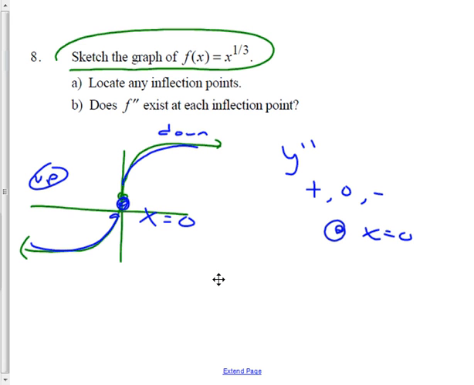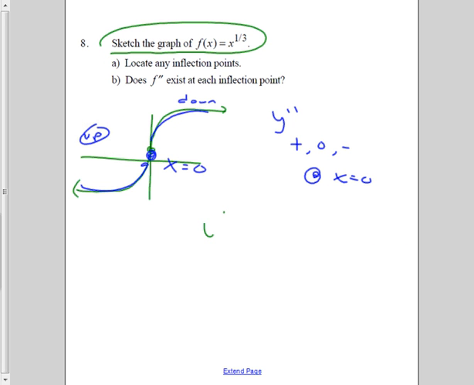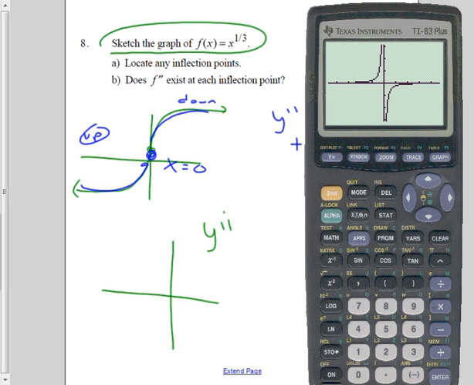Making a copy of this picture down here, the second derivative looks something like this.